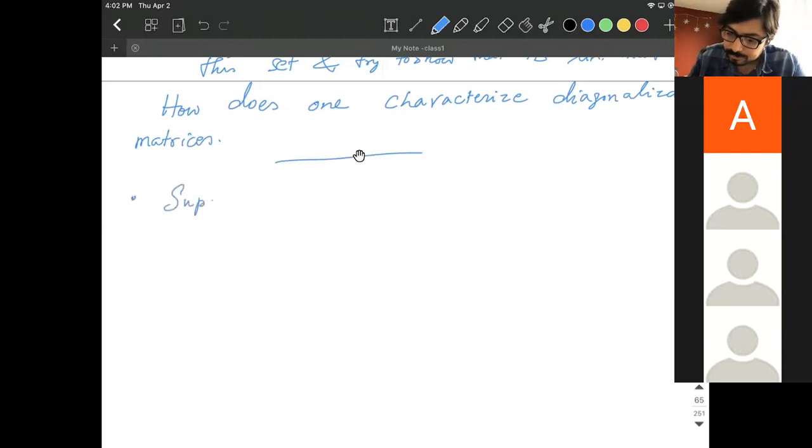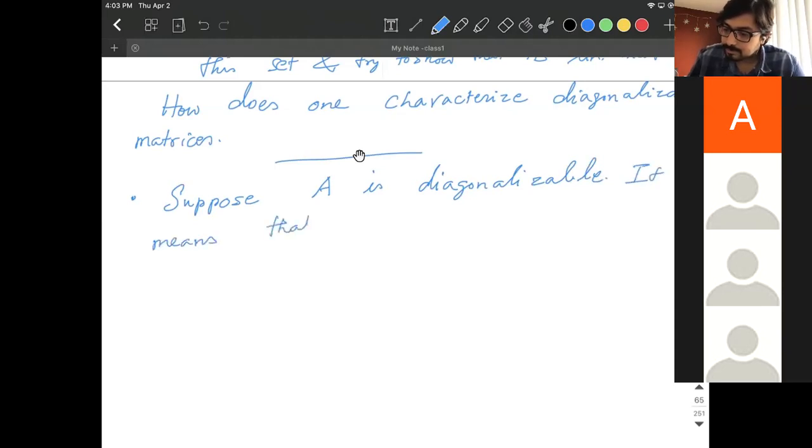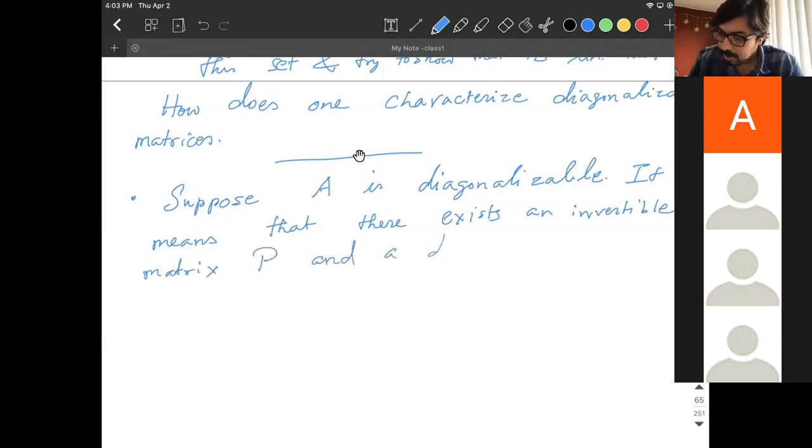So suppose A is diagonalizable. It means that there exists an invertible matrix P and a diagonal matrix D such that we have this relation: D is equal to P inverse AP.